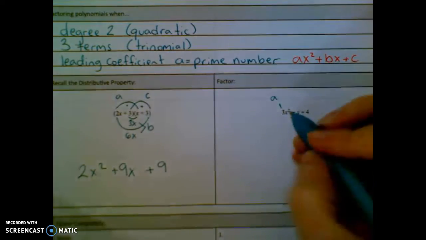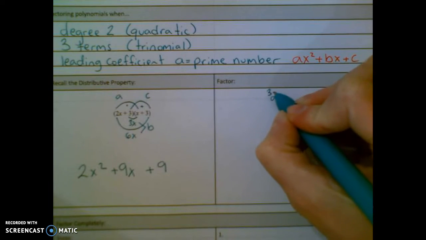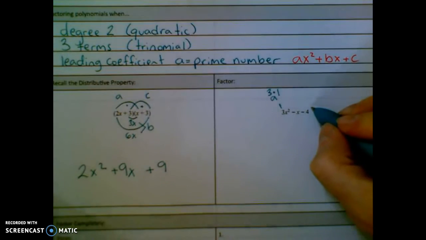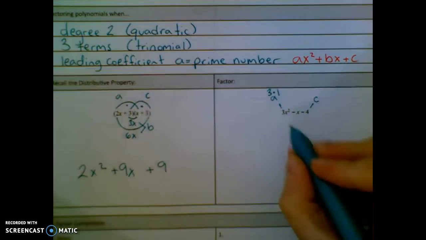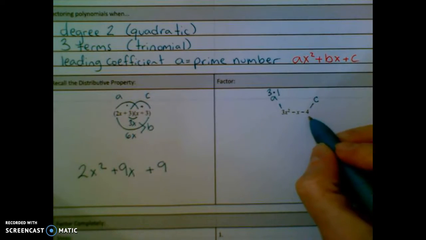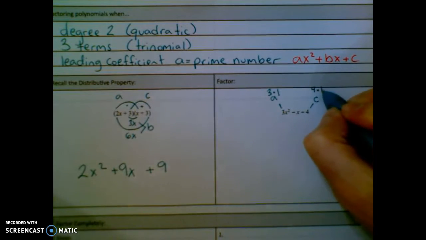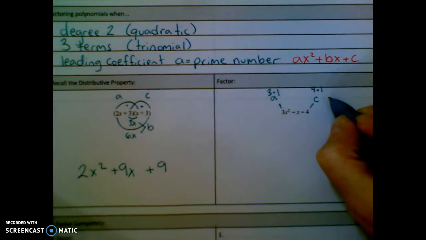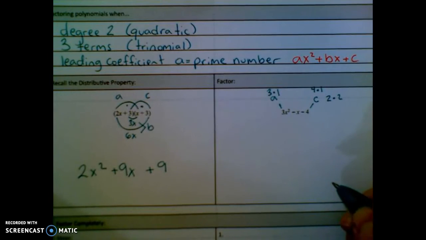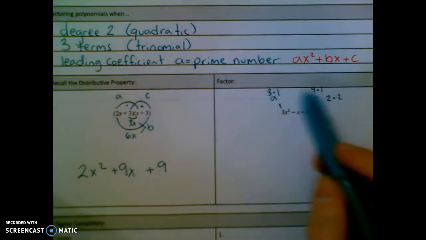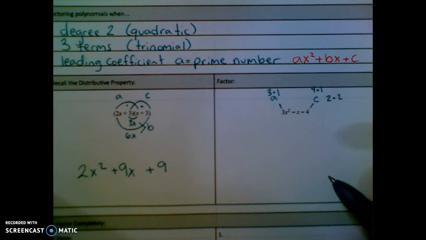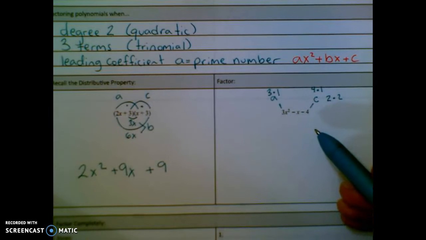So my possible factors here are a 3 times a 1. I'm going to look at my c term, and it's got to be in descending order. And I'm going to look at the factors there. Well, the factors of 4 are either 4 times 1 or, I'll just squish it to the side here, 2 times 2. So I've got a couple different combinations to set up. And so I'm going to show you how to go through those combinations.